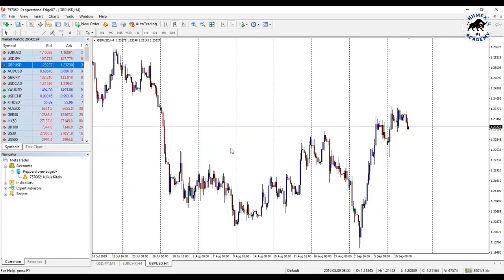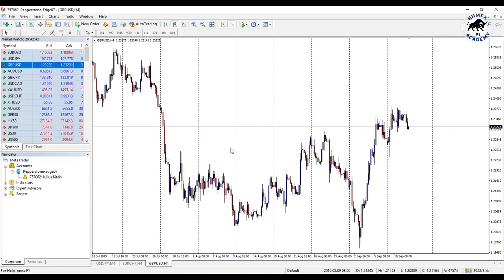It shows us exactly what the market is doing, the action of the market. And moving averages are very important to show us dynamic support and resistance.